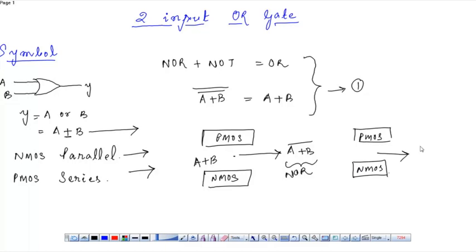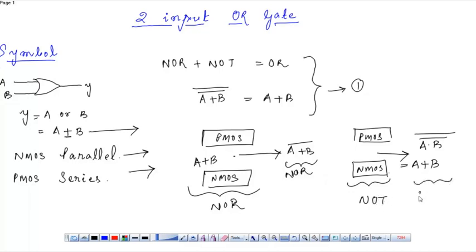This will give my output as A plus B bar whole bar, which is equal to A plus B. So this part will constitute my NOR part, and this part will constitute my NOT part. So I'll get the output as OR, the two input OR gate.